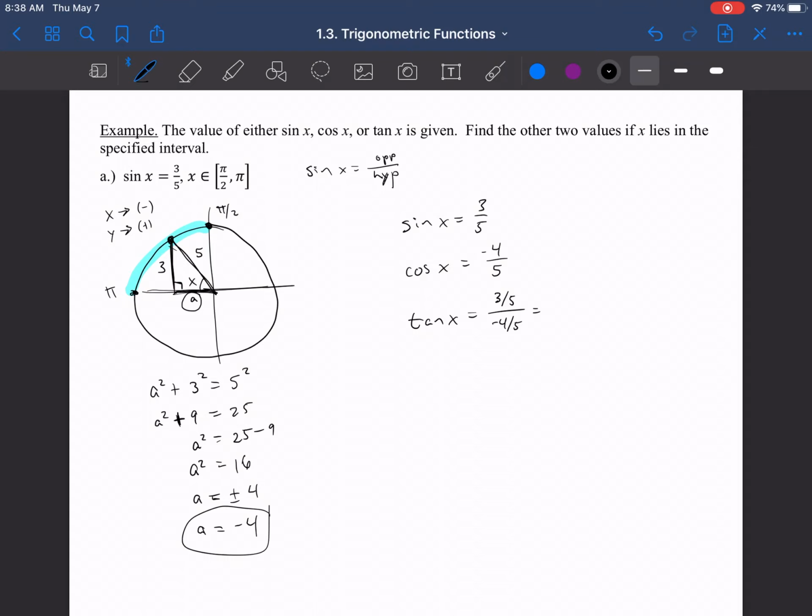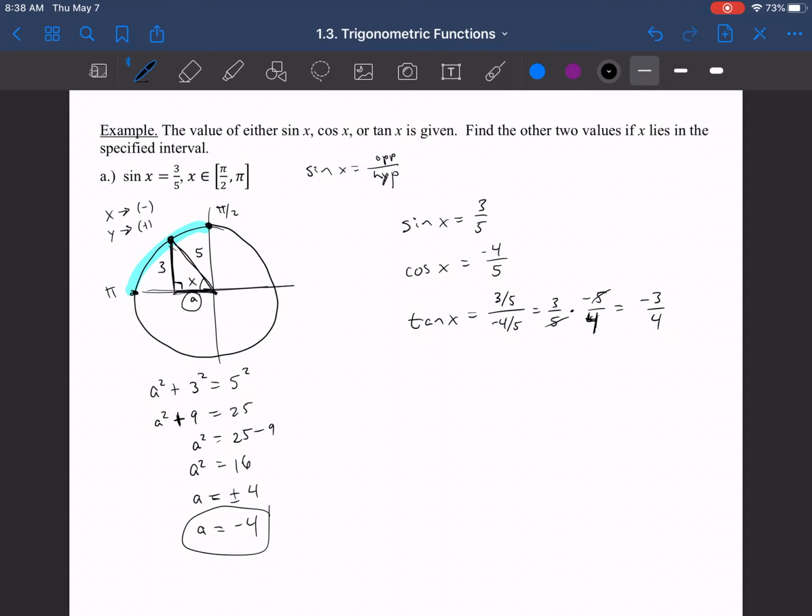We end up with 3/5 times negative 5/4, because dividing by 4/5 is the same thing as multiplying by 5/4. The 5s will cancel, and we'll be left with a negative 3/4. And there you go, there are our 3 answers.